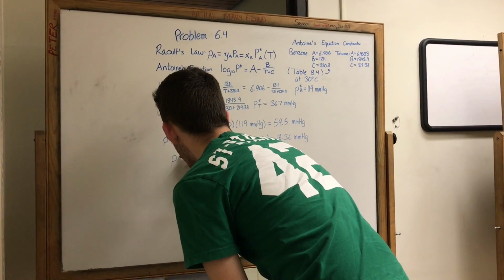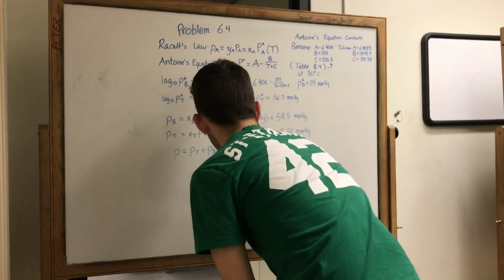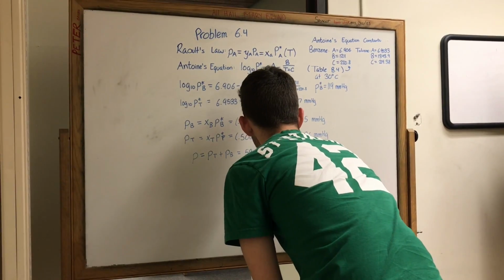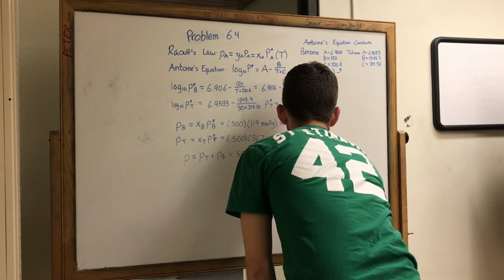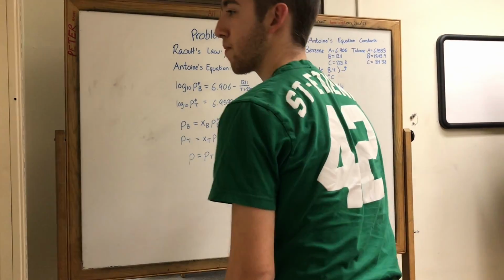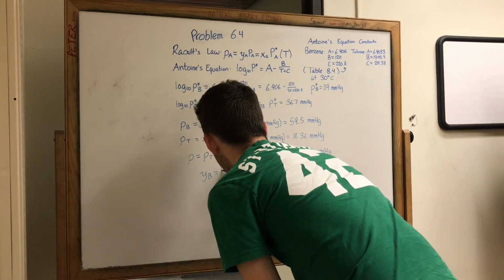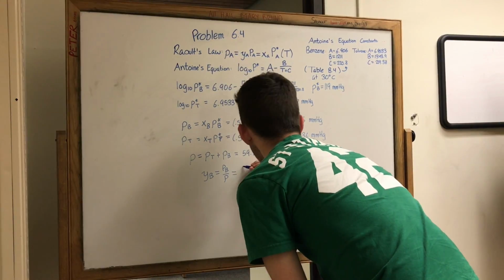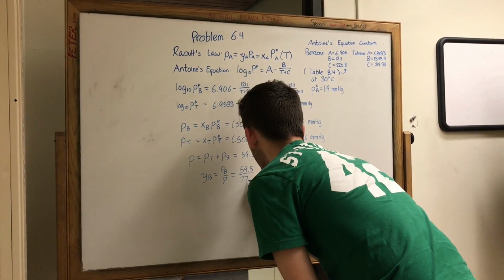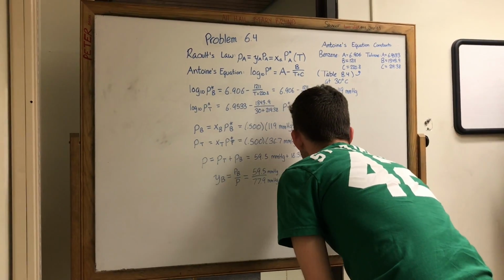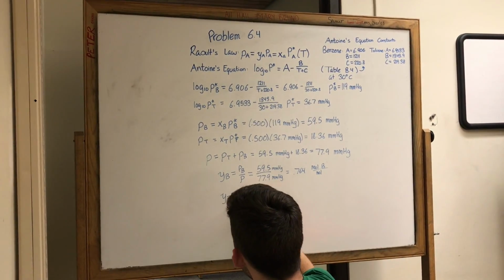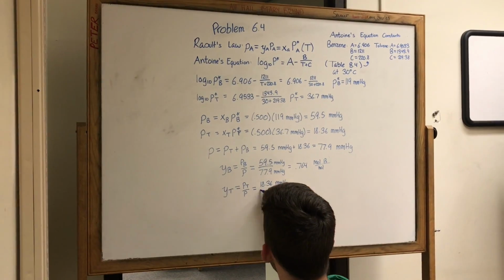So you get 59.5 for benzene, and then you get 18.36 for toluene. Then to get the total pressure, you want to add those two together. And by adding those two together, you can figure out the composition in the gas phase of these two.